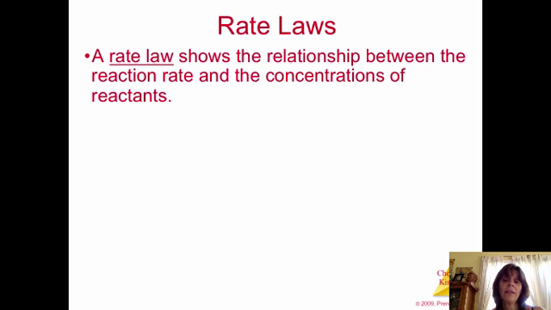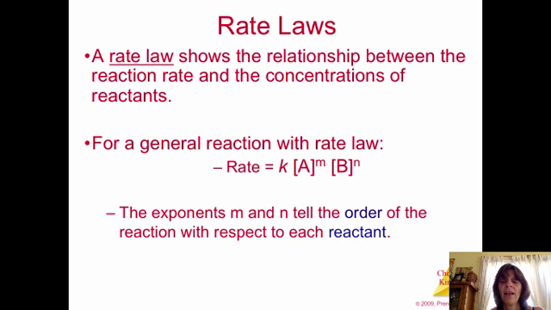Okay, that rate law is important because it shows the relationship between the rate and the concentrations. In general, you'll have the same format, but there might be some exponents on the concentration to indicate what kind of change. Now those exponents, the m and the n, tell you something called the order of a reaction with respect to each reactant.